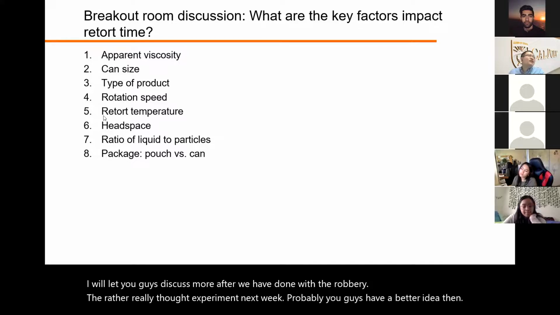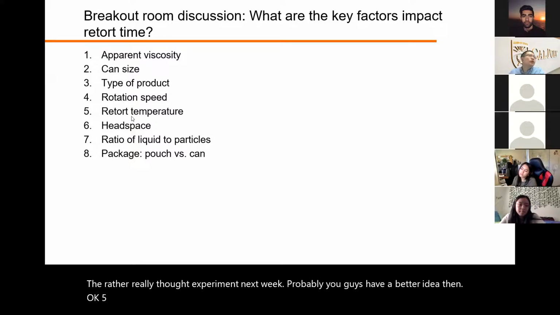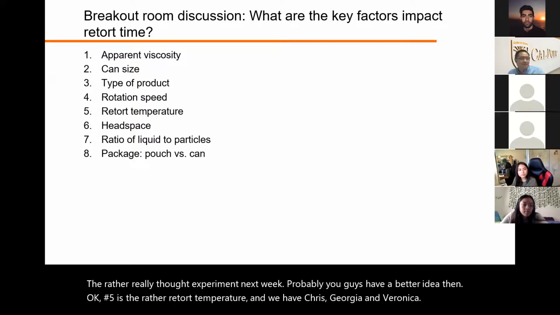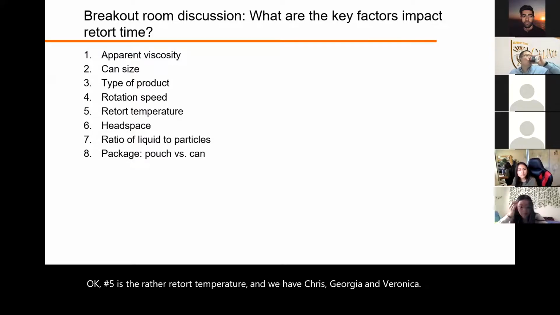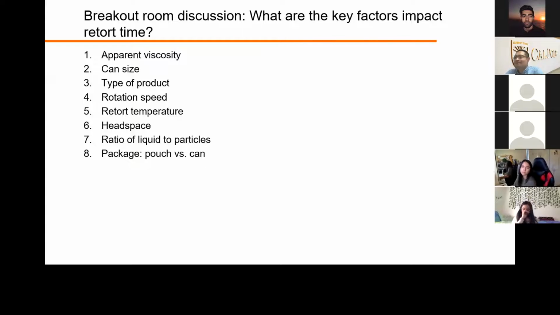Okay, number 5 is the Rotary retort temperature, and we have Chris, Georgia, and Veronica. So we kind of just talked about if the retort temperature is higher, then retort time would be lower, and vice versa.